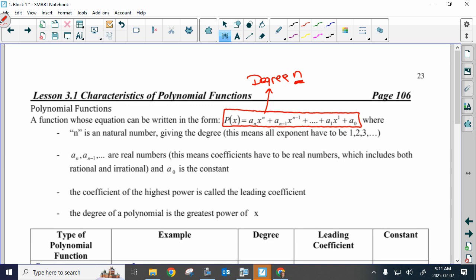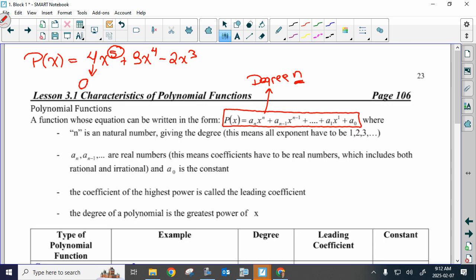The subscript on the a is just like an a subscript n. That's just saying the coefficient of the power that had an exponent of n is this. So this is an exponent, this is just a name, okay? So for example, if I said p of x is equal to 4x to the fifth plus 3x to the fourth minus 2x cubed, this would be my coefficient when my degree was 5.